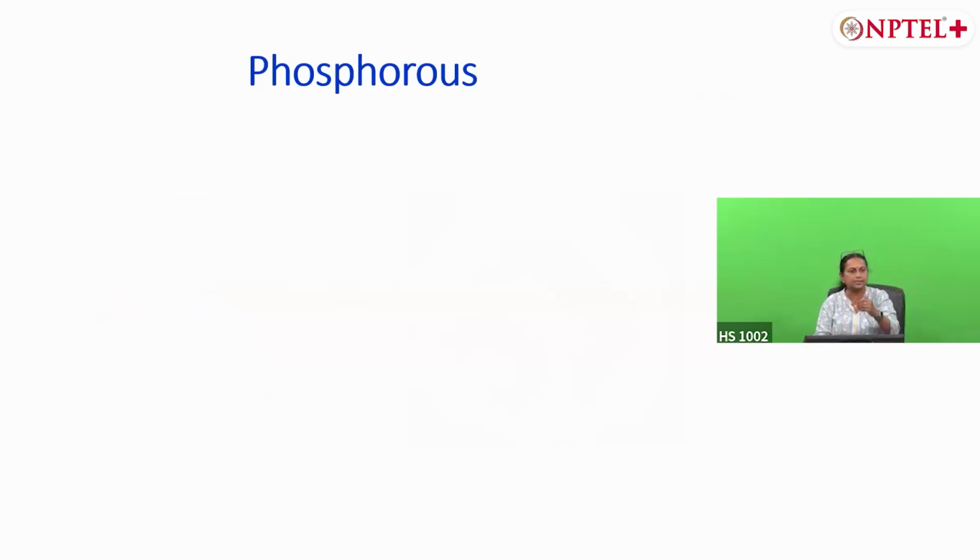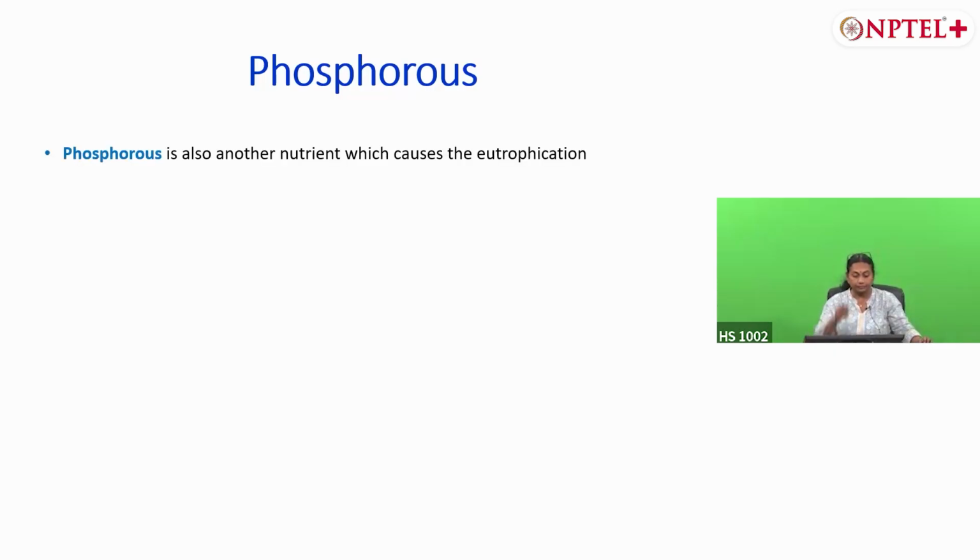The only problem with phosphorus is eutrophication, because phosphorus is the limiting nutrient. That means a very minimal concentration of phosphorus is needed for algae and aquatic weeds to grow. If the concentration is below that it will not grow, but that concentration is very low. So with a little ammonia and a little phosphorus, you will get very high algal blooms.